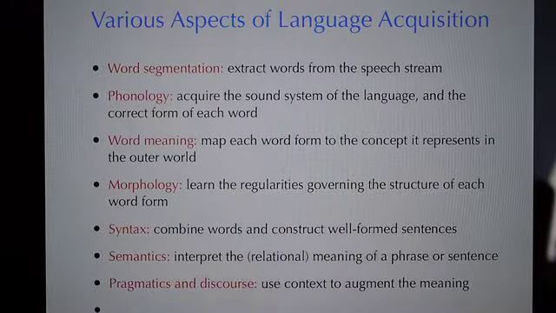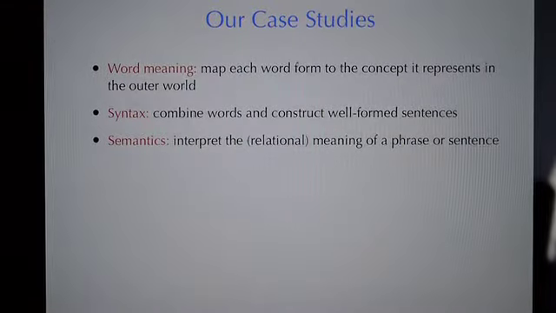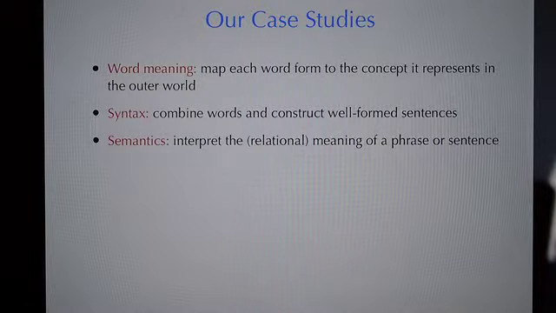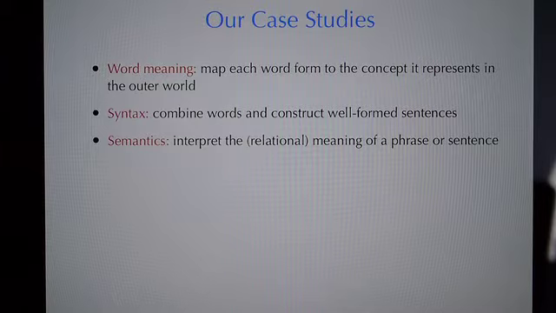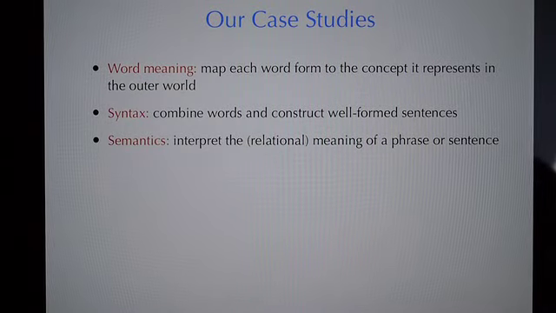Unfortunately, we won't have time to discuss all of these in this course, but we have selected a bunch of case studies which we will study in more detail in the follow-up lectures. So in each lecture, I will first go over what we know about that particular process, what are the most important experimental findings in that domain, and then we will look at some example models, how they're developed, how we can evaluate them, and what they tell us about that particular cognitive process. So stay tuned.